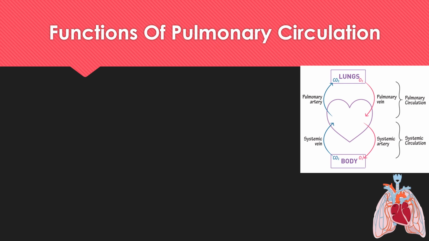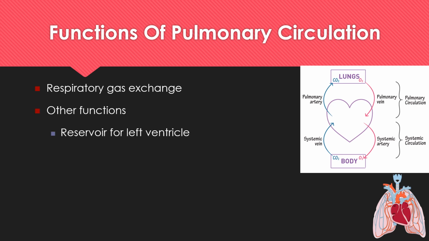Functions of the pulmonary circulation. Respiratory gas exchange: it exchanges carbon dioxide for oxygen. The other function is that it acts as a reservoir for the left ventricle, as we know the pulmonary veins can store up to 500 ml of blood. In any acute situation, it can cause vasoconstriction on stimulation, so that blood can directly go into the systemic circulation.